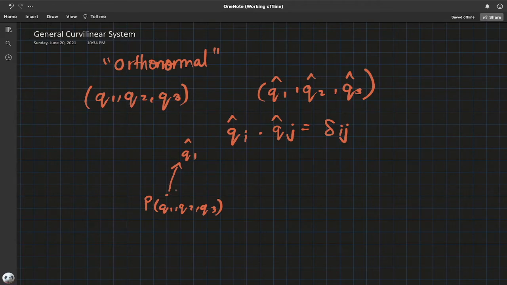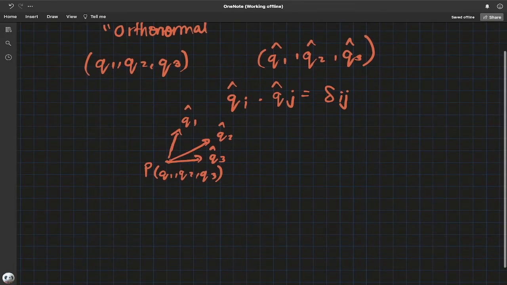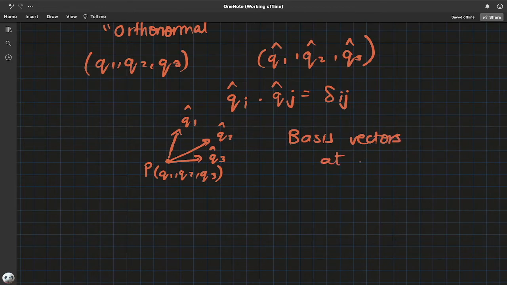So let's say this is q1 hat, this is q2 hat, and this is q3 hat, and of course assume they're mutually orthogonal. As I said, they're point specific basis vectors at point P, which is given by q1, q2, q3 in the new generalized orthogonal curvilinear system.